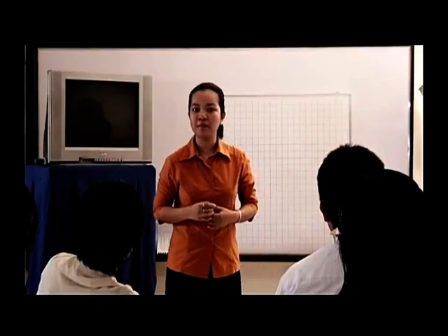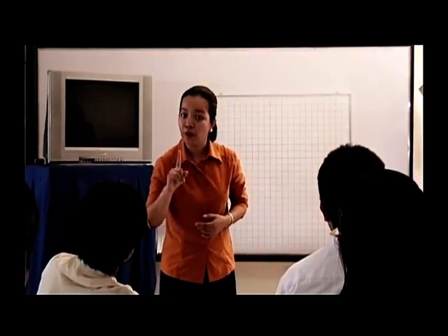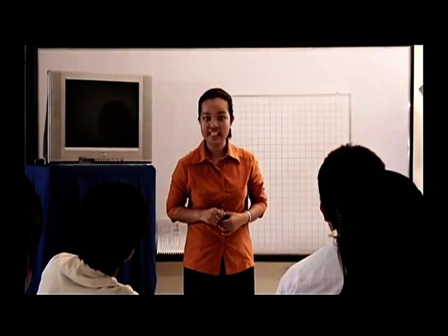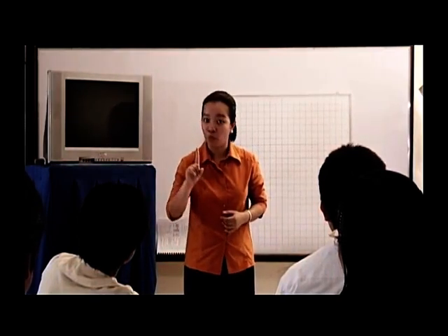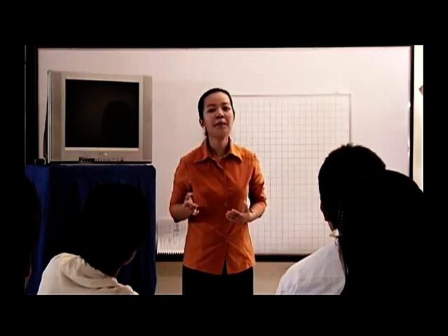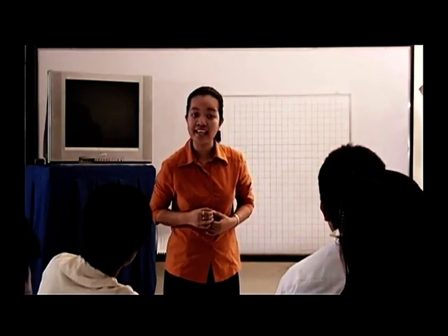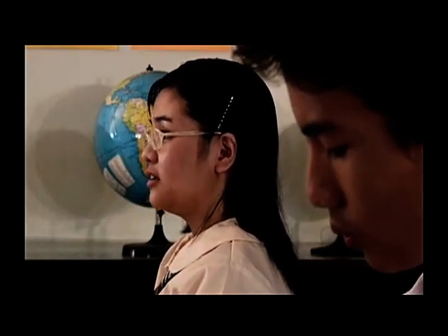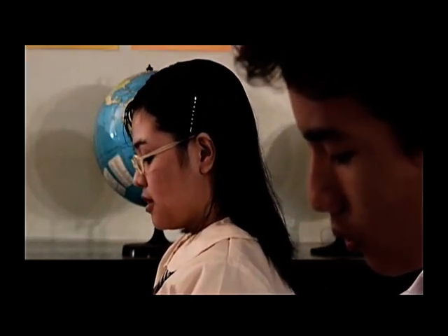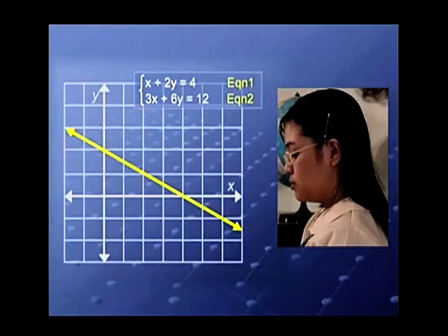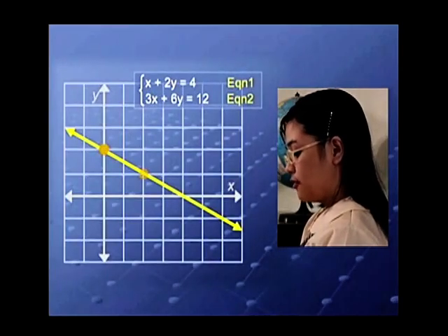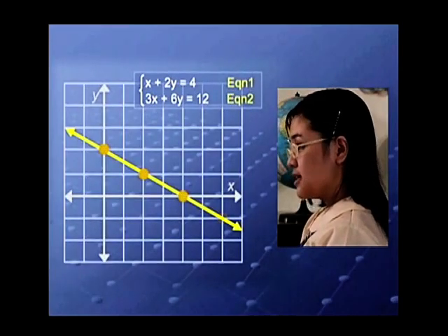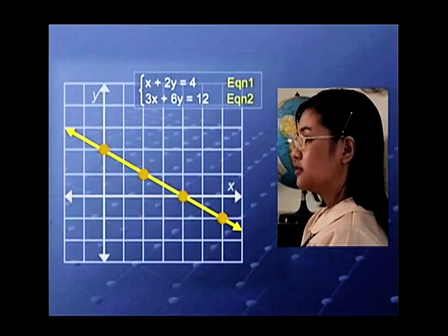In our previous problem, the two lines had one point in common, meaning they intersected in one point. How many points in common do our two lines have? A lot, maybe infinite. For example, there's (0, 2), (2, 1), (4, 0), and (6, -1). You're right.